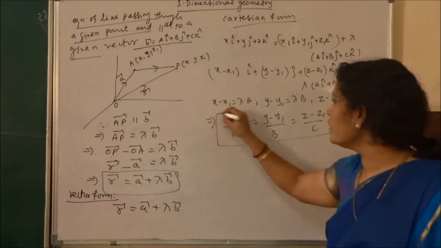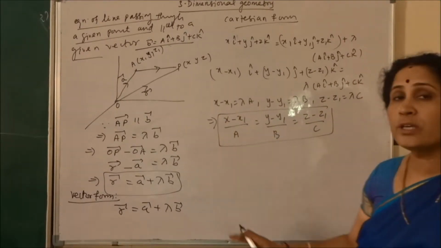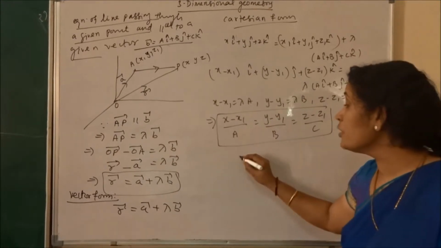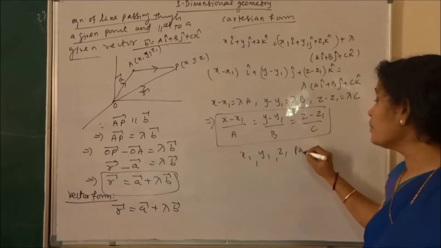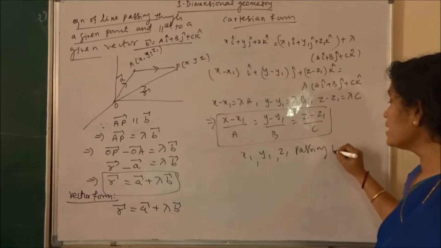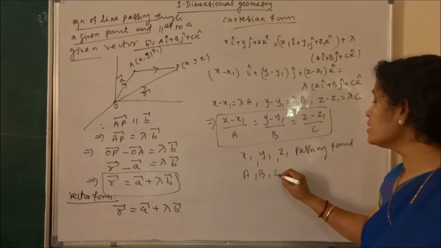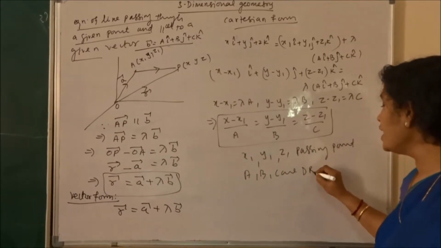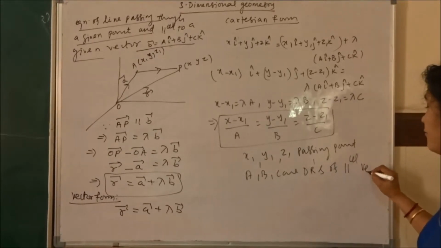So this is the Cartesian form of the equation of line passing through a given point and parallel to a given vector, where x1, y1, z1 is the passing point and a, b, c are direction ratios of the parallel vector.